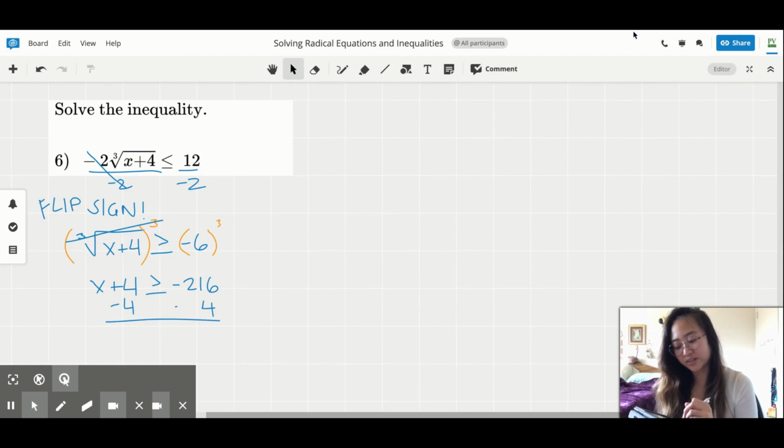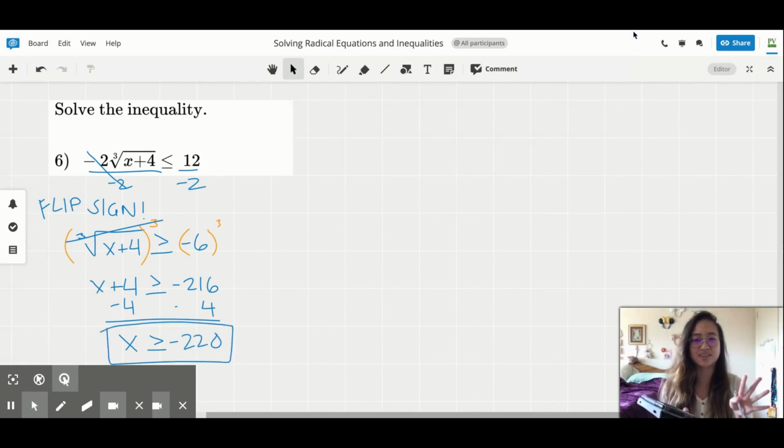And our final answer is x is greater than or equal to negative 220. And we don't have to check the solutions on this one. We're good to go once we have our answer. And that's it. Hopefully this helped with clearing up how to solve tricky radical equations and inequalities.